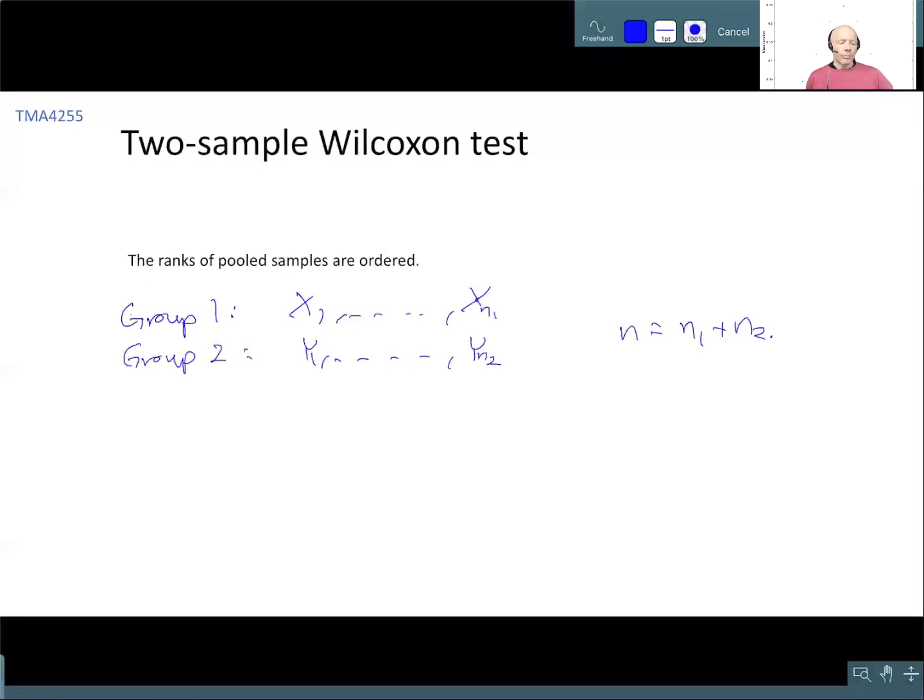We will pool all these together and keep track of their ranks. So what we do is that we sort this vector of them all combined from smallest to largest.